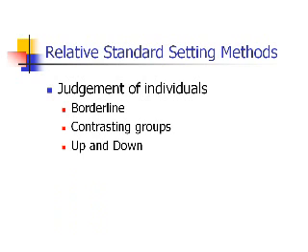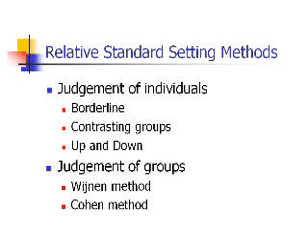In addition to the judgment of individuals, relative standard setting methods use the performance of groups as a reference group. And we already discussed the Vleuten method using the mean and 2 times the standard error of measurement as parameters to estimate the cutoff score.